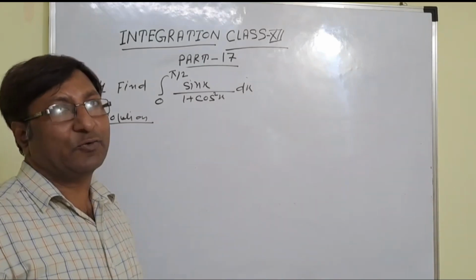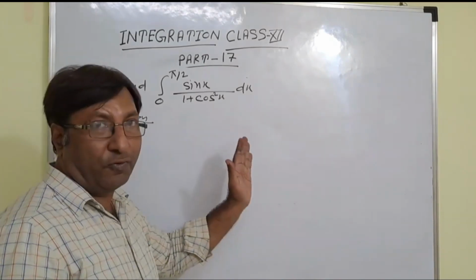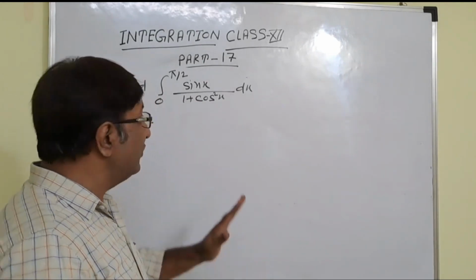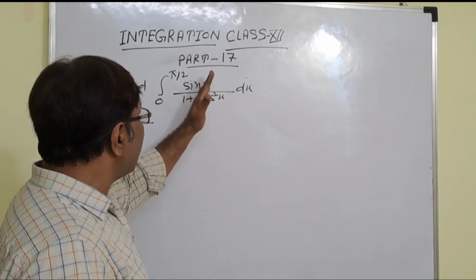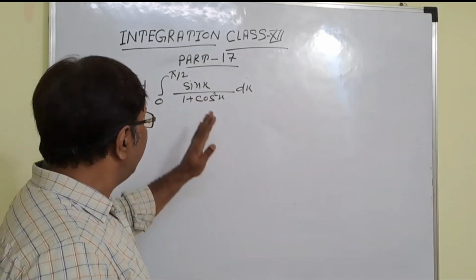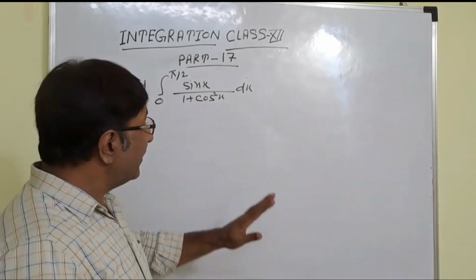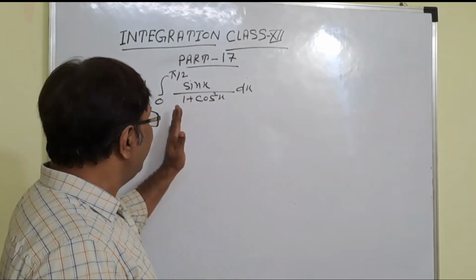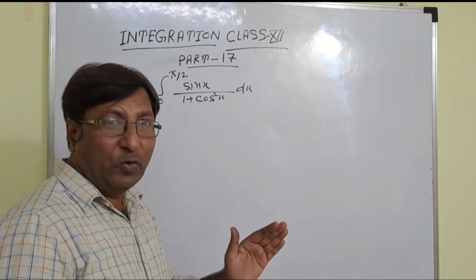Now see the next question, that is question number 4. So the question is: find integration of 0 to pi by 2, sin x upon 1 plus cos square x dx. So this is a definite integration. So first we find the integration of the given function and then we will use upper limit and lower limit.